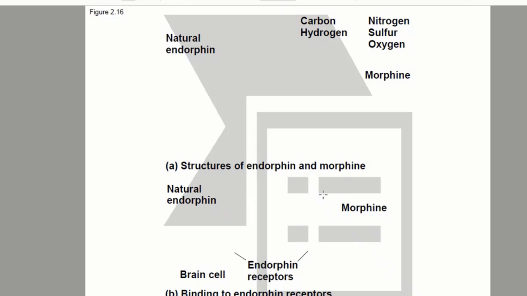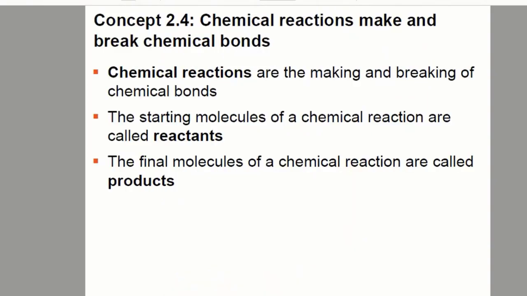These are just the binding endorphin receptors compared to the structures of the endorphin and the morphine. But in terms of this one, you don't need to worry more about the drawing or anything like that. You just have to know the description of this structure.